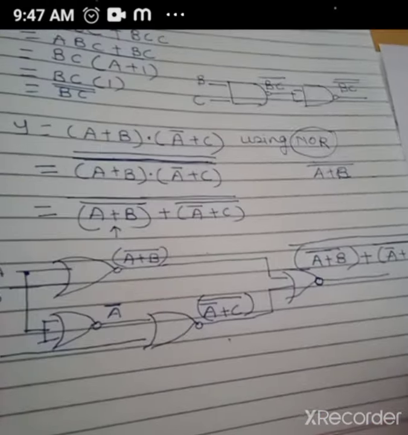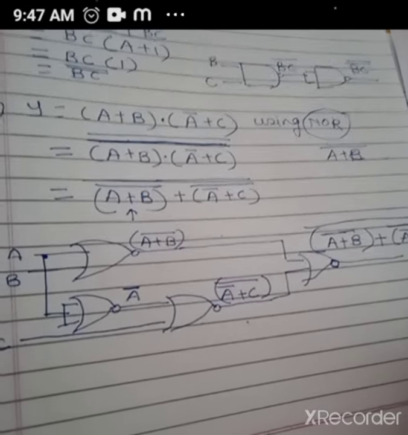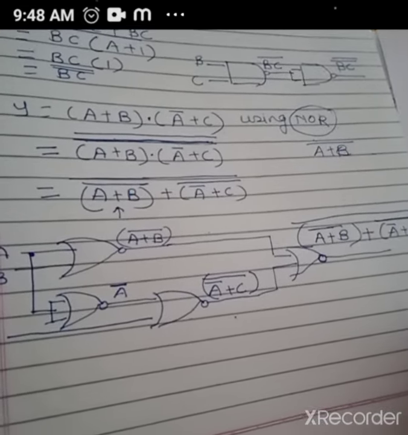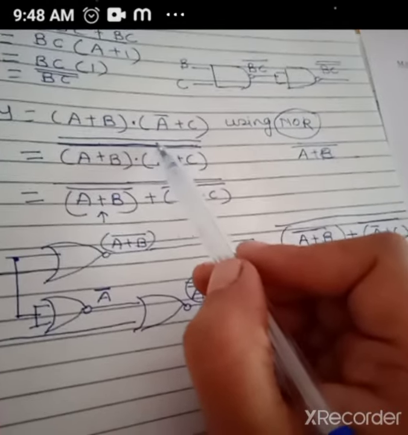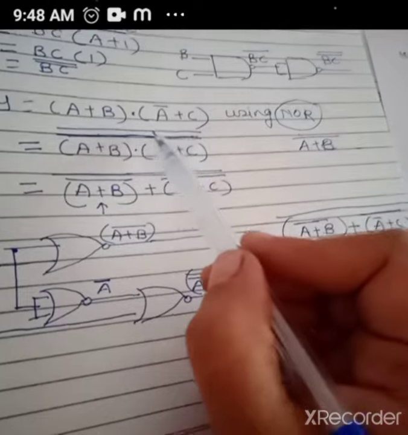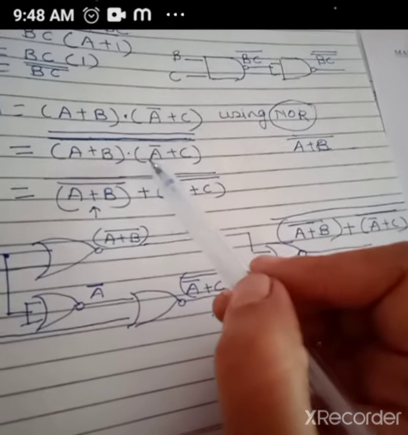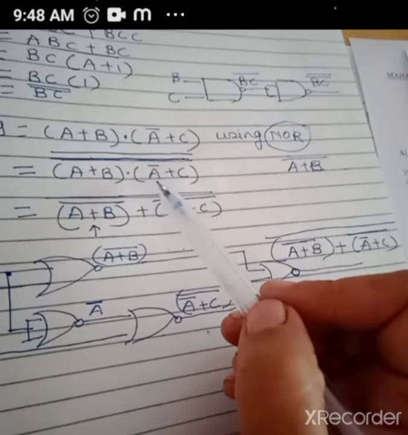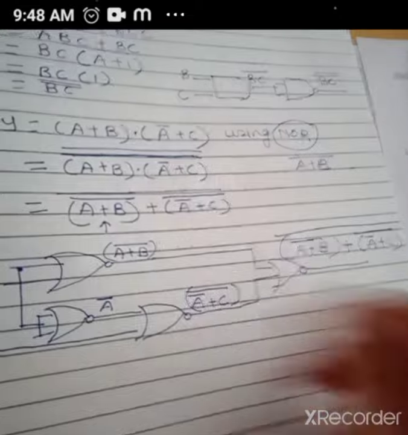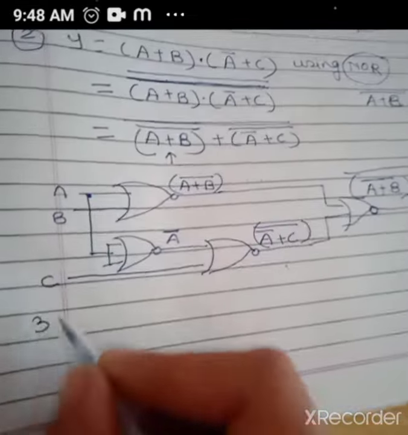So this is the implementation of the given equation using NOR gate. So what we have to do, every time we have to put a double bar on the equation's head. This will help you to convert a given equation into NOR logic or NAND logic by using De Morgan's theorem. Right? Now we'll see the next example.